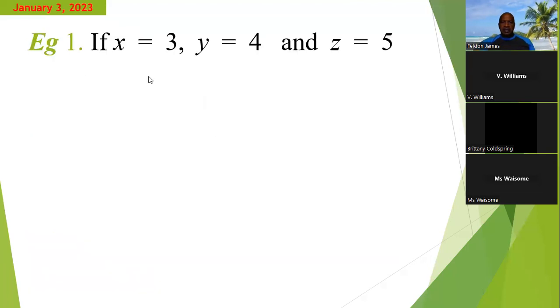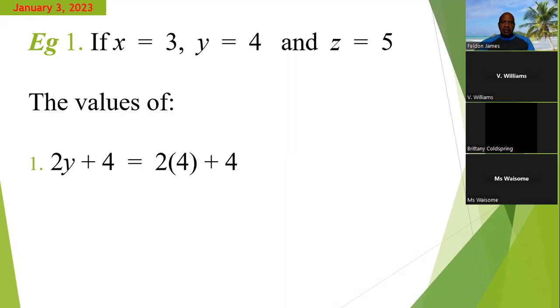All right, so here we'd have looked at these examples. Here you are now given what these symbols represent in terms of values. So wherever we see an expression in the symbols, so we have 2y plus 4, but from our assigned values up here, we see that y is equal to 4.